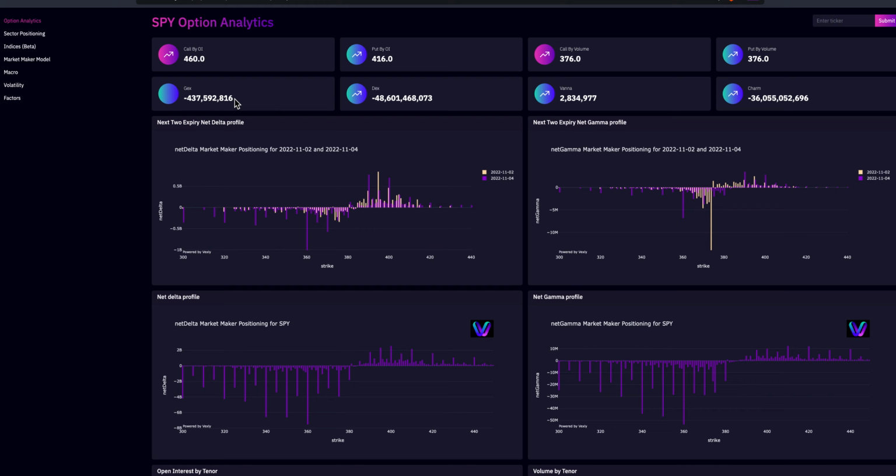So negative suggests positioning is on the put side, i.e., people are long puts. Positive for us is unique because no one else does it this way. They go down the standard textbook definition, where positive gamma means market makers are now buying options. We look at it from the participant side, which we think is more reflective and more actionable.